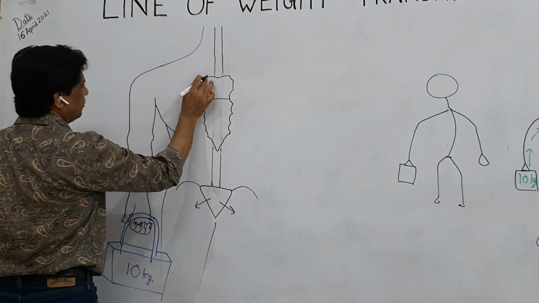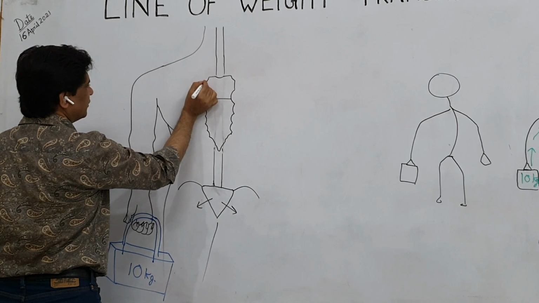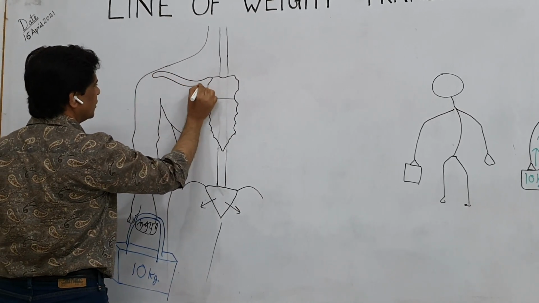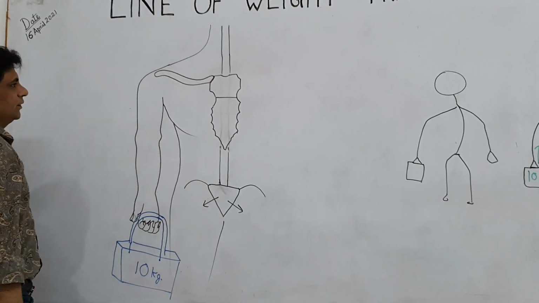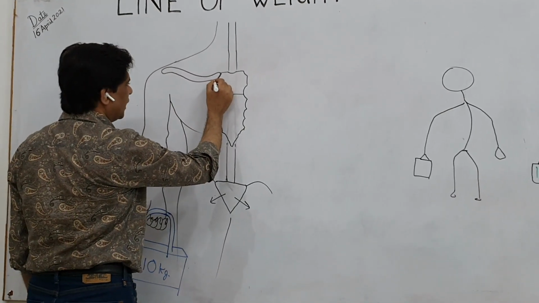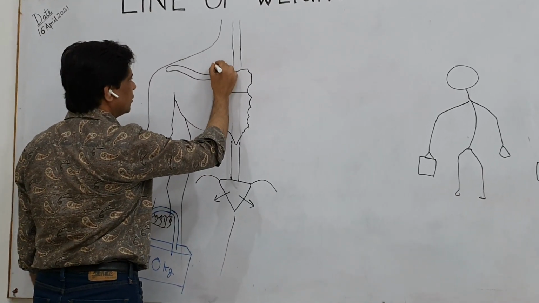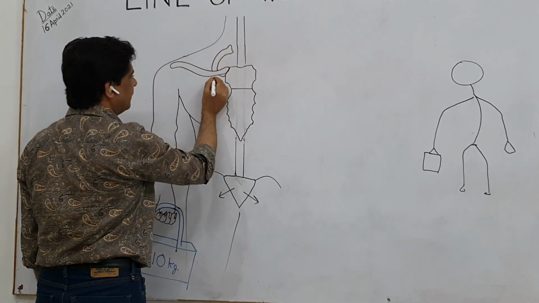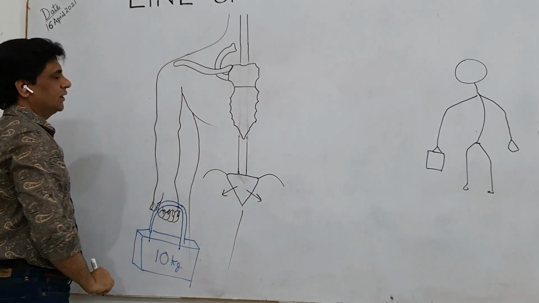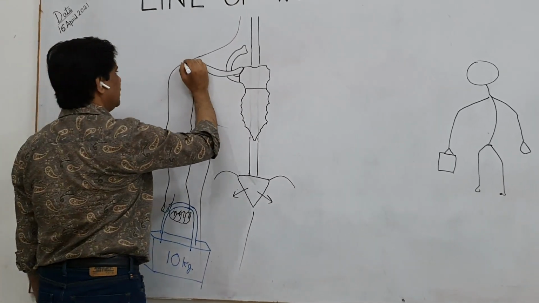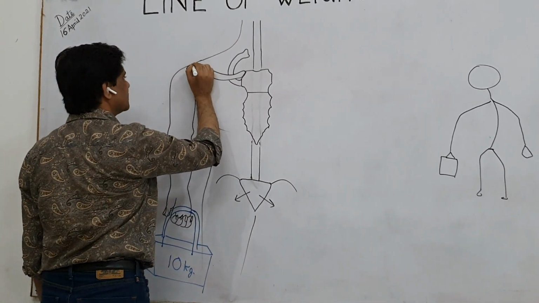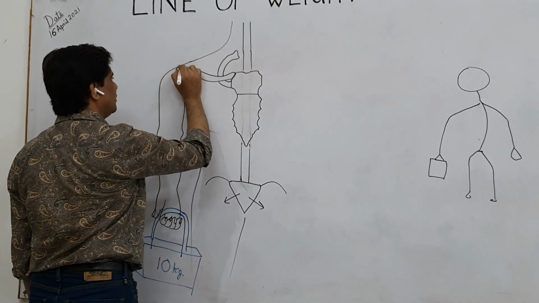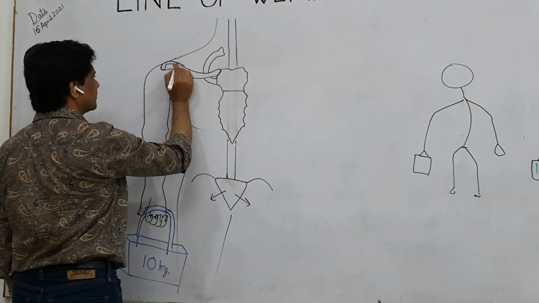And to this manubrium, on both sides you have the clavicle, right? Below that is the first rib, like this. And here you have the scapula, this acromion process, like this.